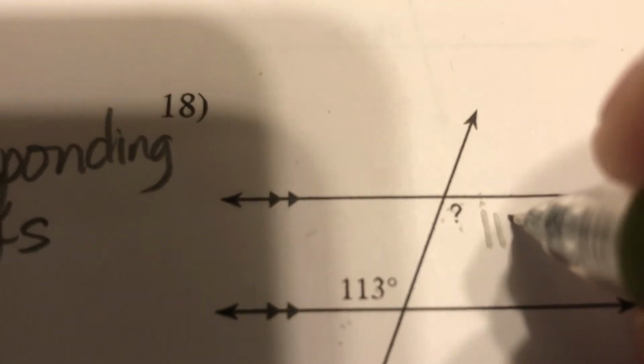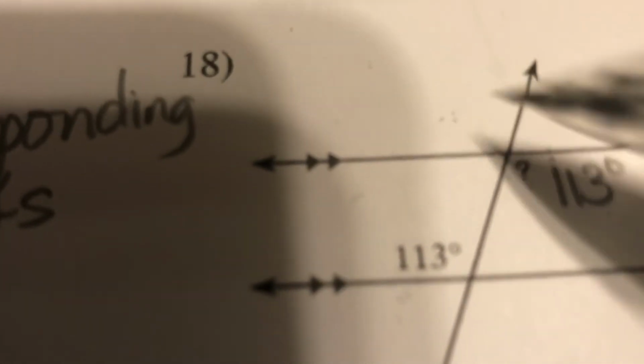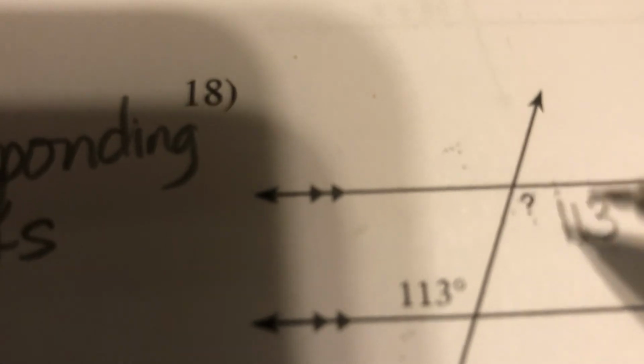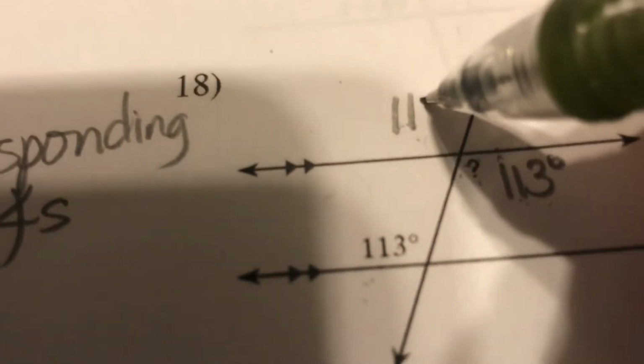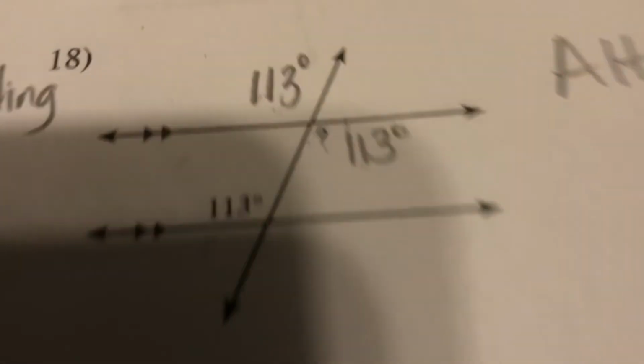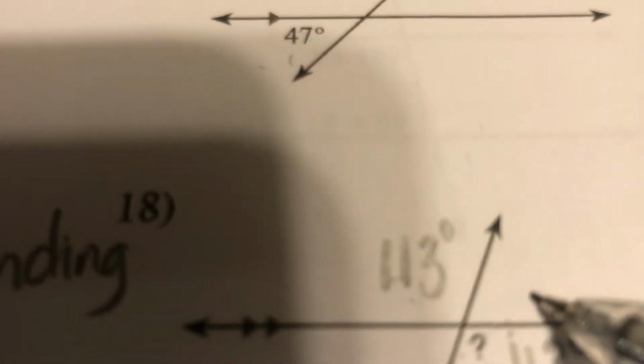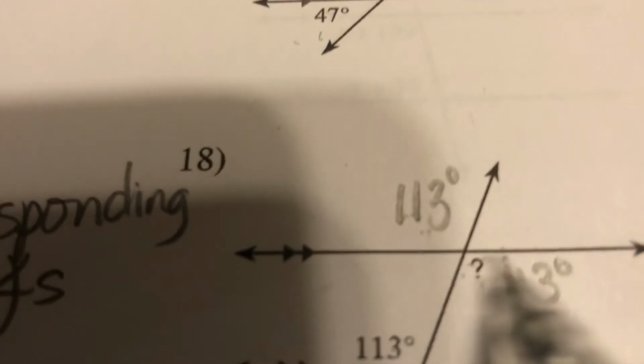And I just want to show you, I could take what I know about these angles and I could find the measurement of every single angle in this picture. I know that this angle right here is a vertical angle to this angle. And vertical angles are congruent. They have the same measurement. So this would be a 113 also. I know that this angle and this angle make a straight line.